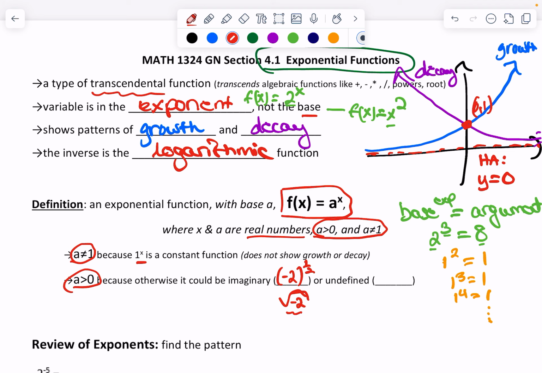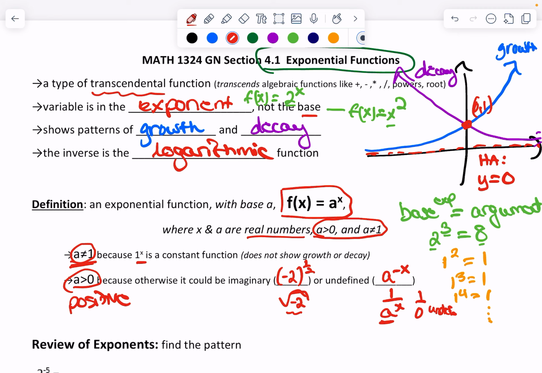So if we have a to the power of negative x, which would give us 1 over a to the power of x, again, a cannot equal 0 because this would become 1 over 0, which is undefined. So a has to be always positive, but cannot equal 1.